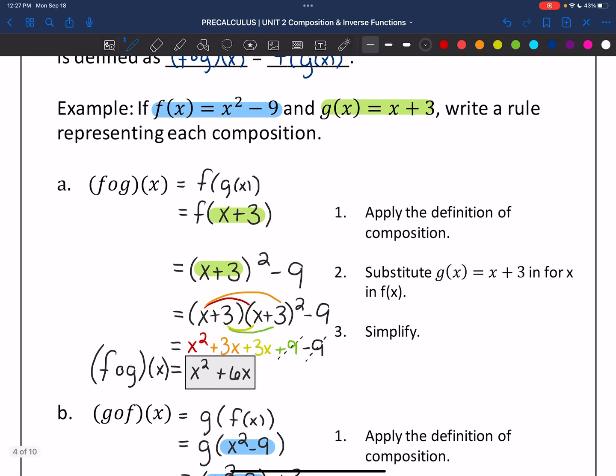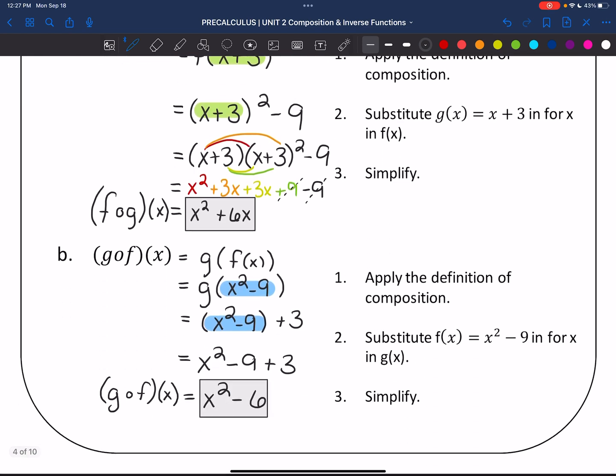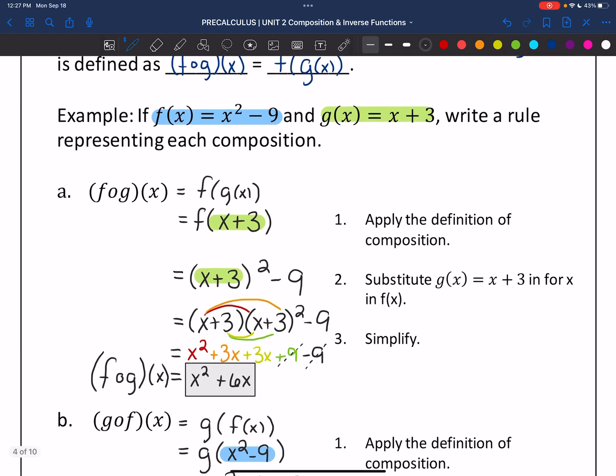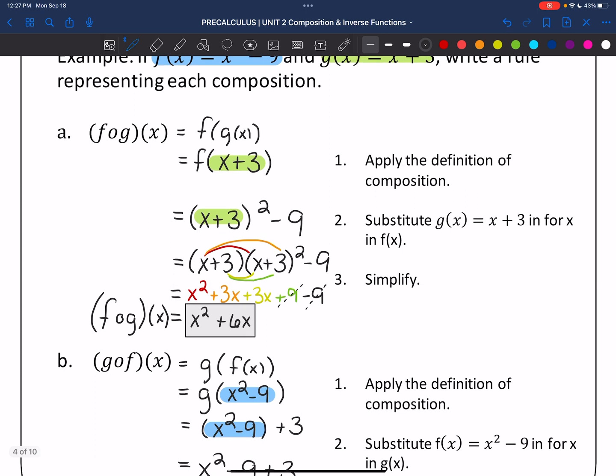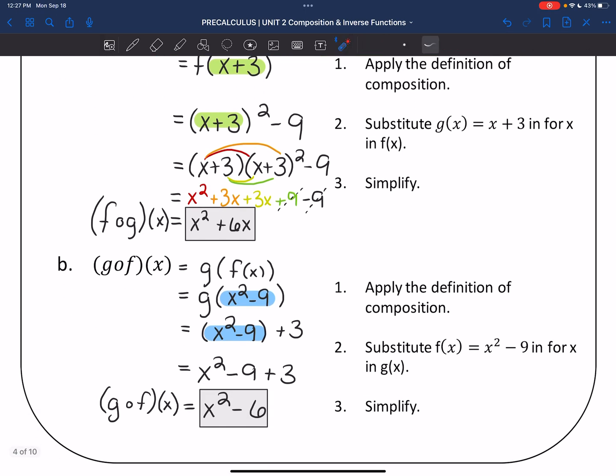It matters because even though we were working with the functions f and g, when we did f of g, we had something different. The rule here is quite different from what we see for g of f of x. So you've got to be careful to set it up correctly.